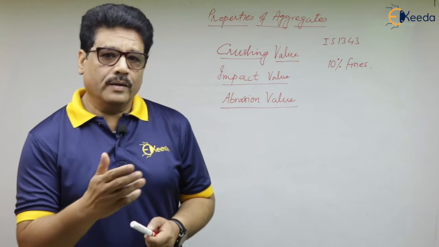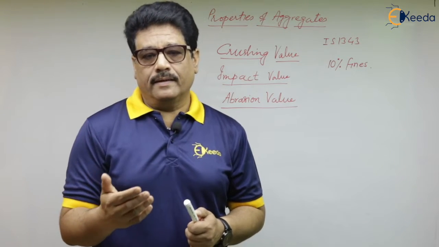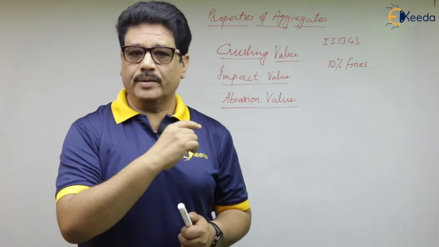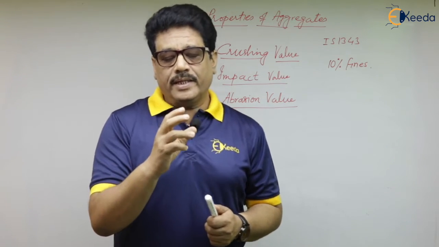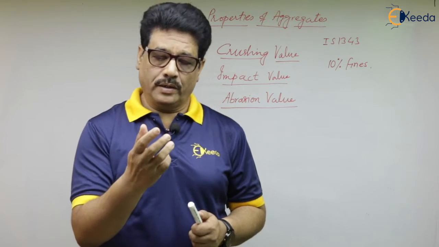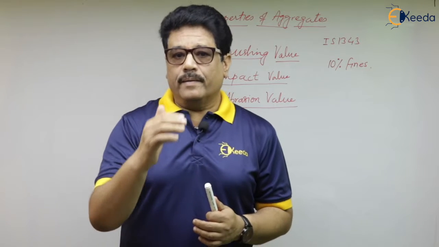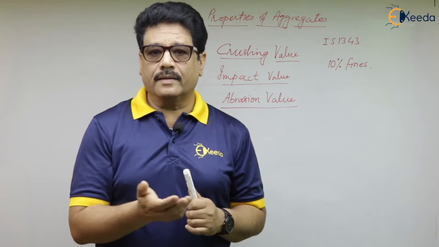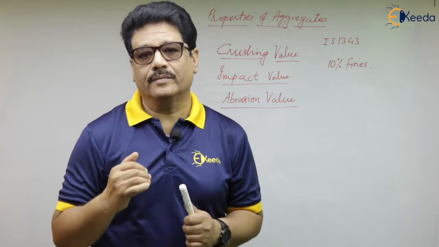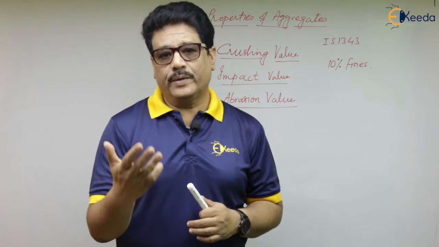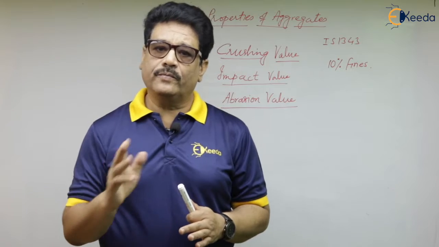For roads and pavements, if the aggregates are to be tested for 10% fines, we determine how much load they can carry before being crushed to 10% fines, and the limit has been given as 10 tons, and for all other concretes 5 tons.